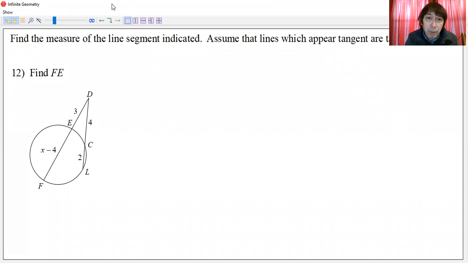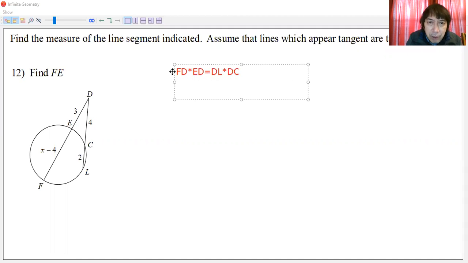And so our working equation here will be FD times ED must be equal to DL times DC. There. Exactly what we explained a while ago.